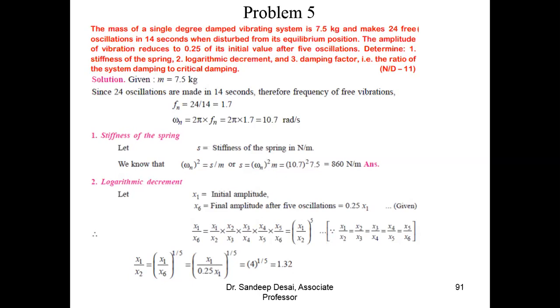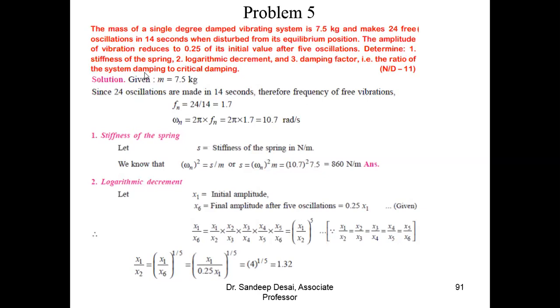If the amplitude is 1 initially, then after 5 oscillations it reduces to 0.25, that is 1/4, right?